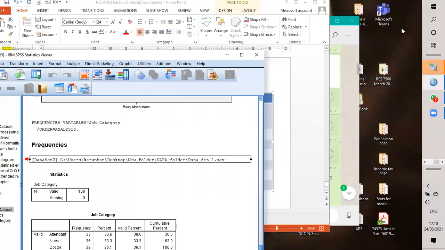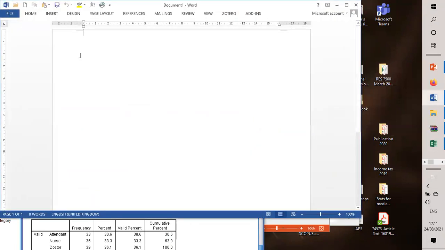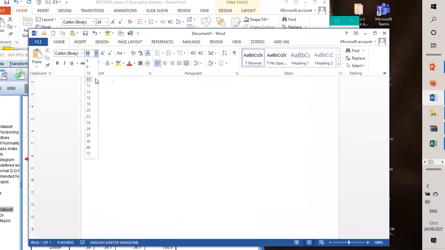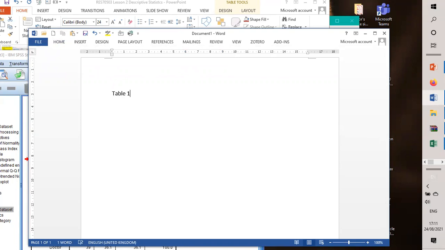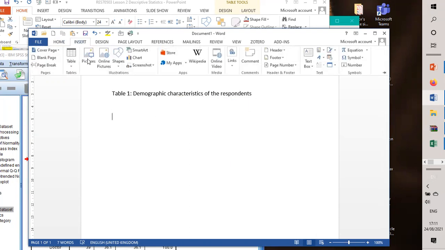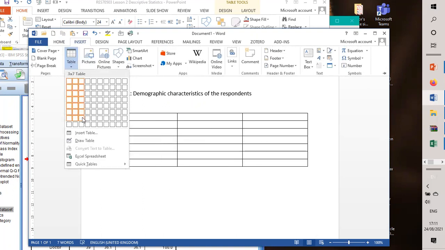Okay, so open a Word file. Okay, Table 1: Demographic characteristics of the respondents. So insert a table, some rows and some columns.